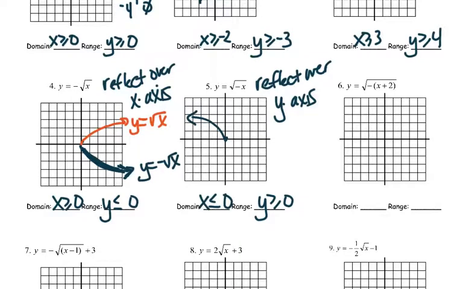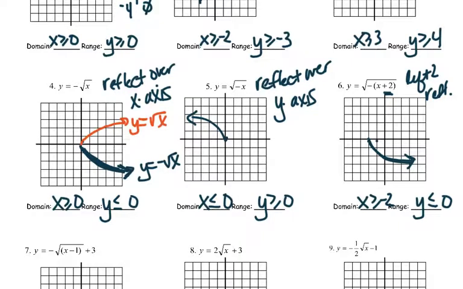Here's where it gets a little bit much. So this is going to be left 2 from this plus 2, and then reflected over the x-axis, so it comes down like this. So all the x values are bigger than or equal to negative 2, and the range is less than or equal to 0. Left 2 and reflected right there.